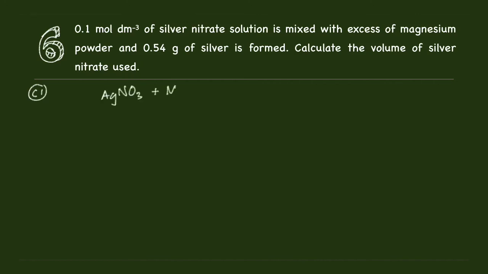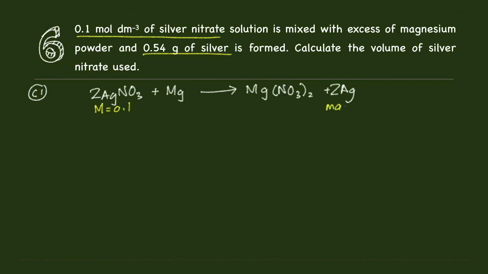The chemical equation is AgNO3 plus Mg to give Mg(NO3)2 plus Ag. Balance the equation. The information given is molarity for silver nitrate is 0.1 mole per decimeter cube, and the mass for silver is 0.54 grams. What you have to do is to find the volume of silver nitrate.